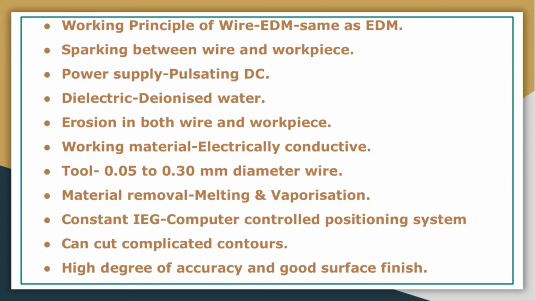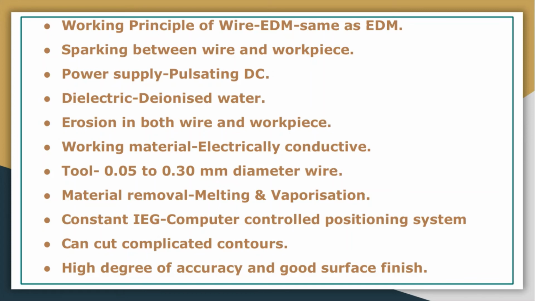As in the EDM process, here also you have to take an electrically conductive workpiece material. The tool or electrode is the wire. The tool diameter you have to take is 0.05 millimeter to 0.3 millimeter, which is a very small diameter, based on your application. If very accurate machining of a fragile or thin workpiece is required, you will reduce the diameter of the wire.